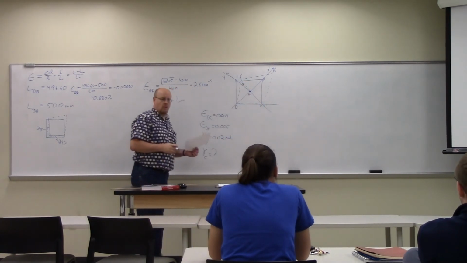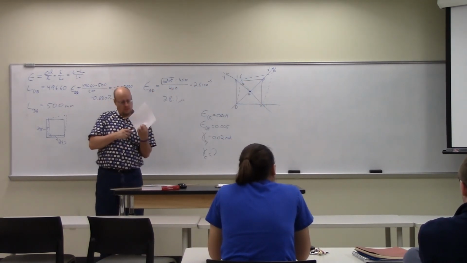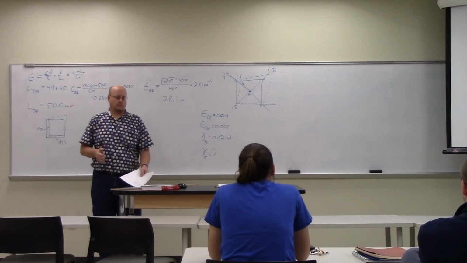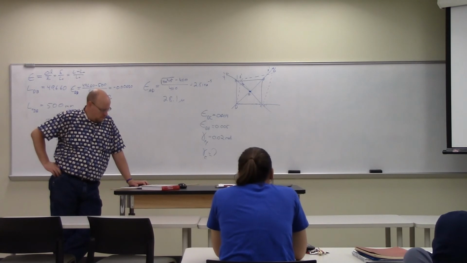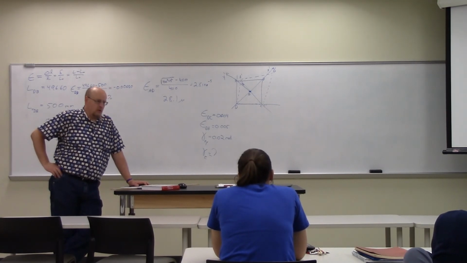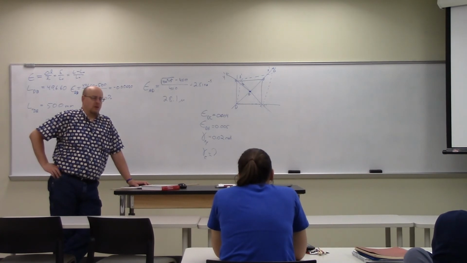That's gamma E. But since it says X and Y, do we need to do it for that one and the one that does the other coding? No, because the difference between them is rotation.